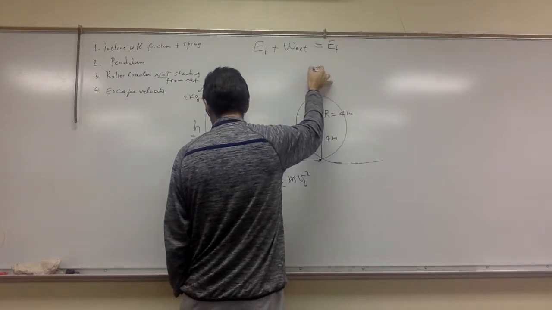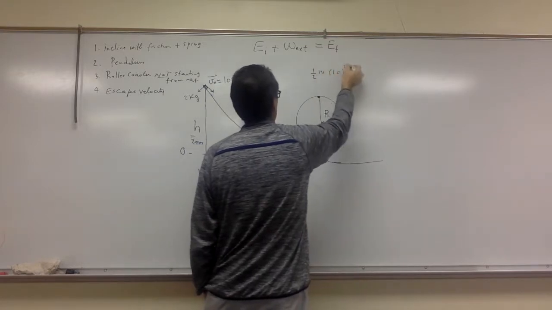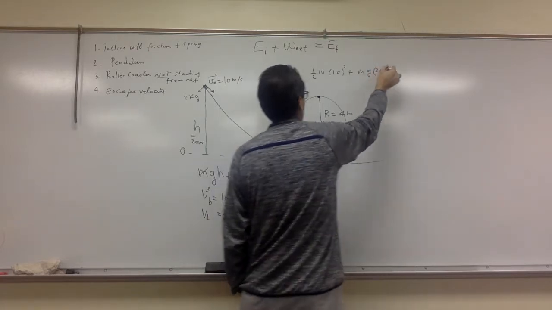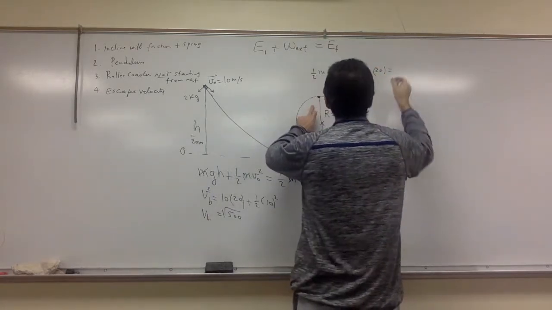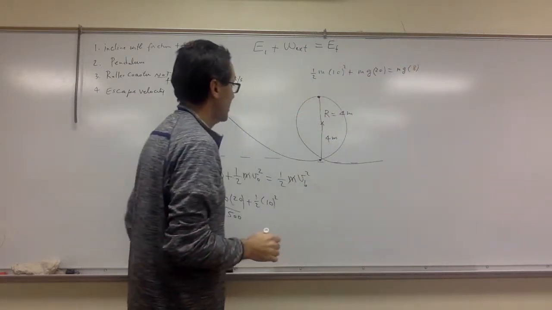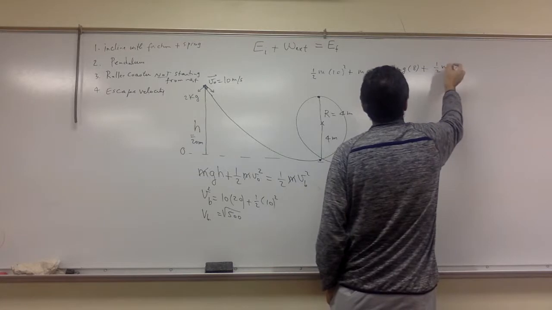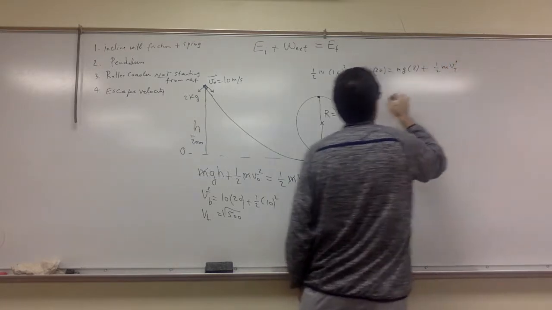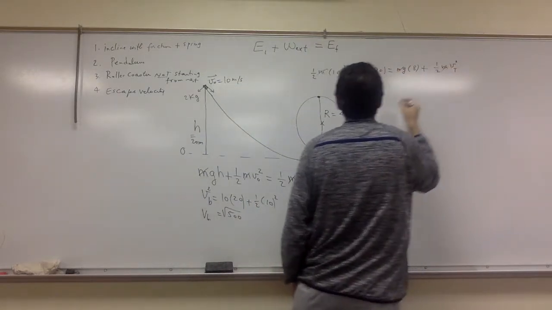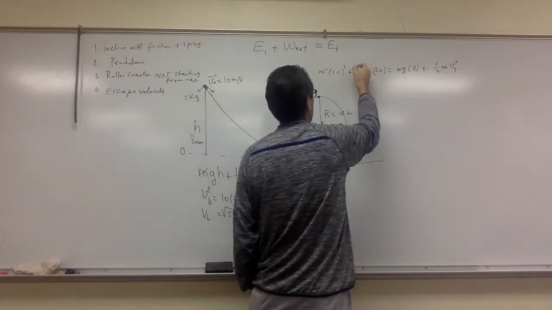I'm going to say 1/2 m v0 squared plus mg times h should equal the gravitational potential energy here, which is mg times 8. The radius is 4, so you're 8 meters above the reference, plus 1/2 m v at the top squared. So we take out the masses, take out the halves and multiply by 2.